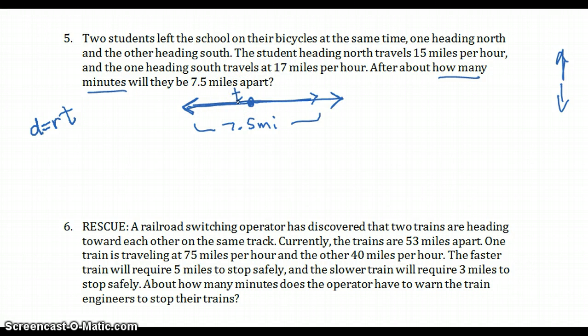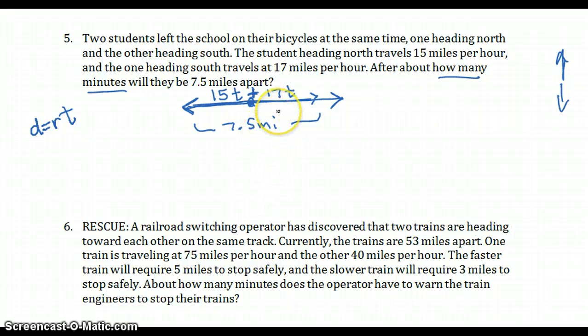I don't know how long, but the one heading north was only traveling at a rate of 15 miles per hour. The one heading south was at 17 miles per hour. So this distance, 15 times the time, plus the distance of the one heading south, 17 times time, and we want the total distance to be 7.5 miles.